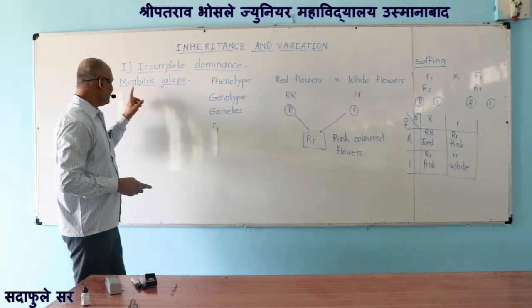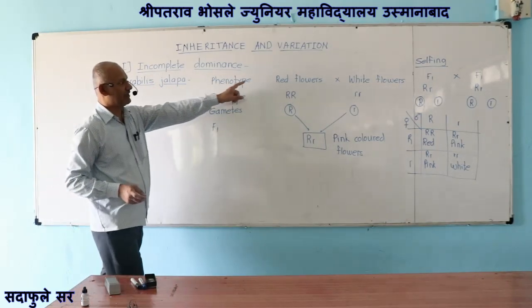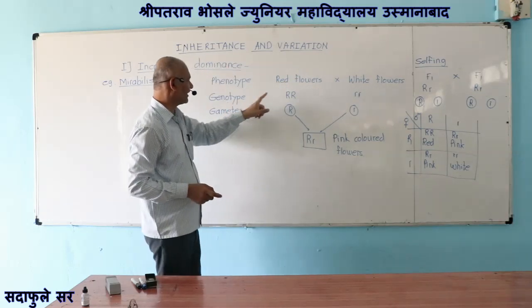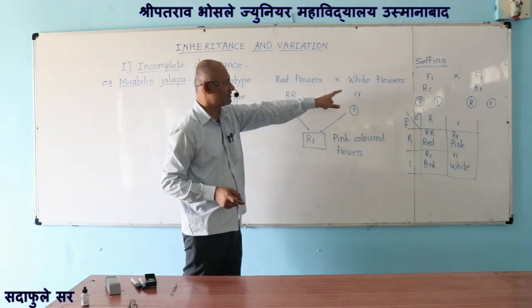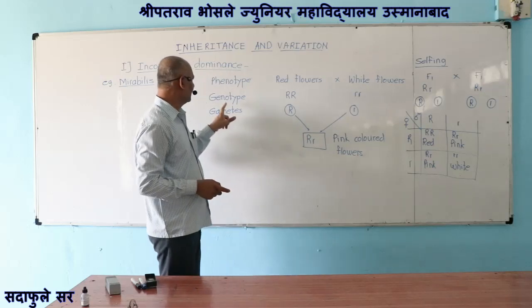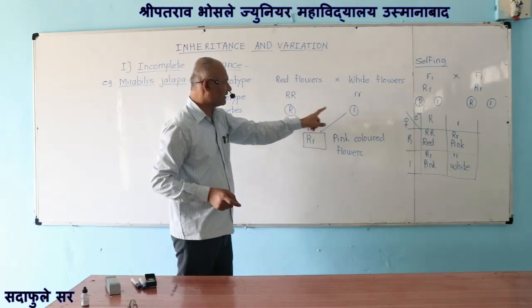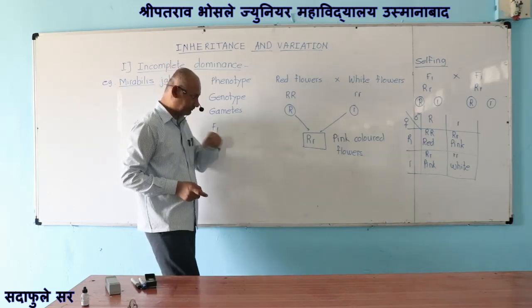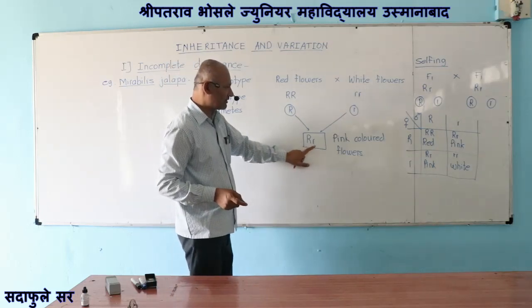Understand? Okay. Mirabilis jalapa. Phenotype: red flowered plants, white flowered plants. Genotype: capital R, small r. Gametes: capital R, small r. In F1 generation, capital R, small r.